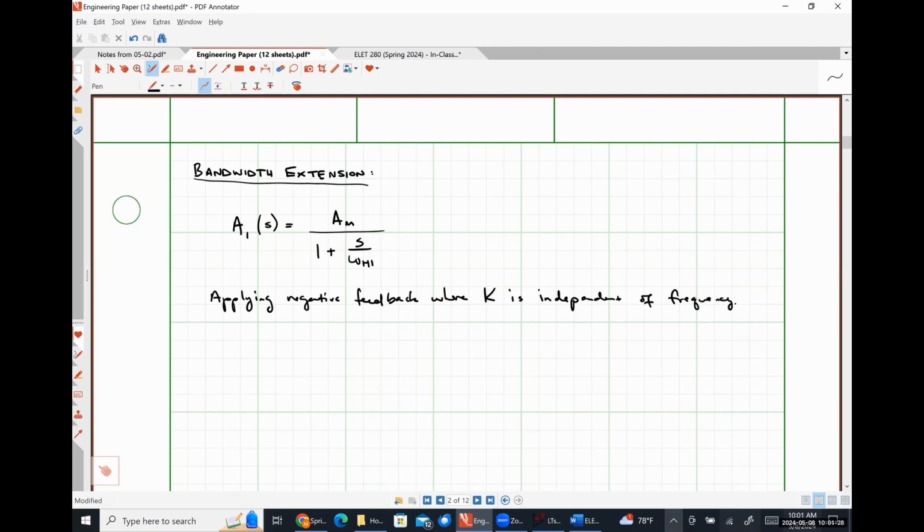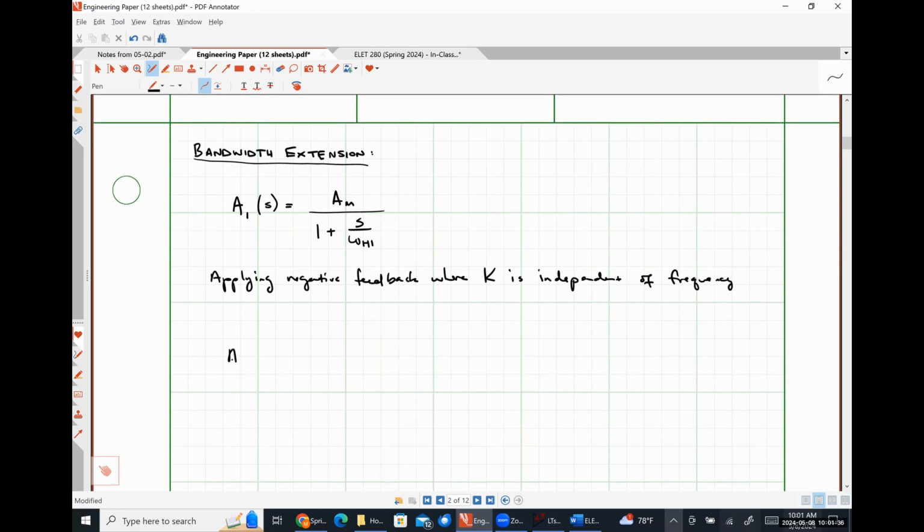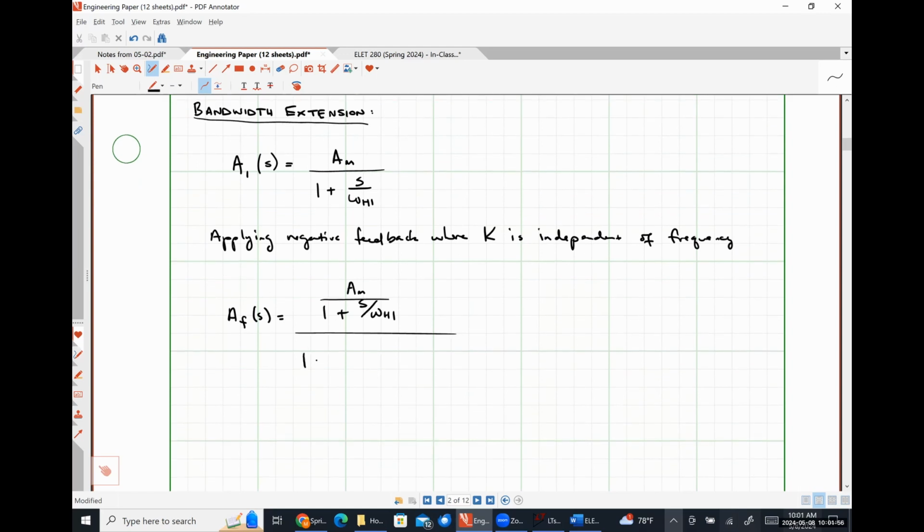So if we were to apply a negative feedback network where our feedback factor K is independent of frequency, our gain with feedback, or our closed loop gain, AF as a function of S, would be AM over 1 plus S over omega high, divided by 1 plus K times AM over 1 plus S over omega high.